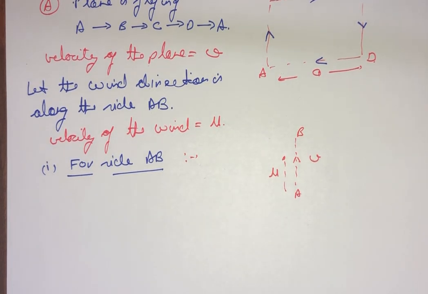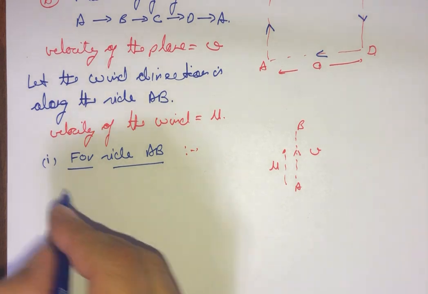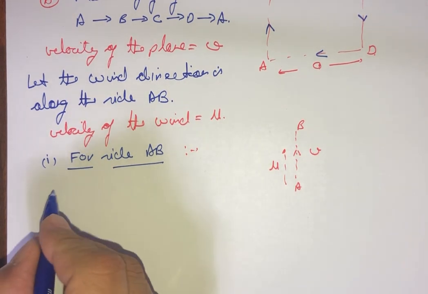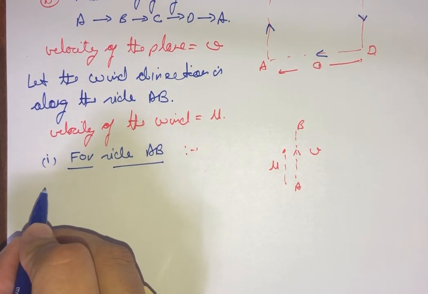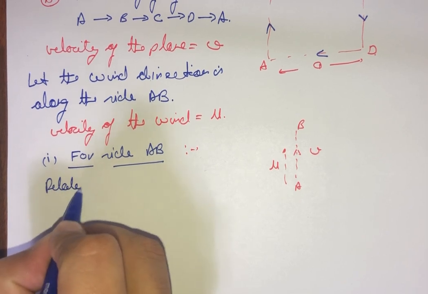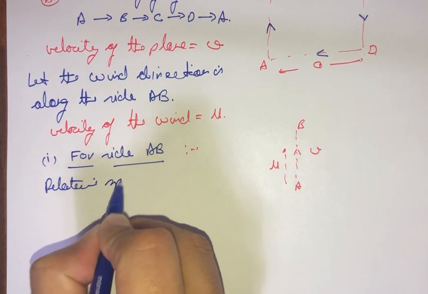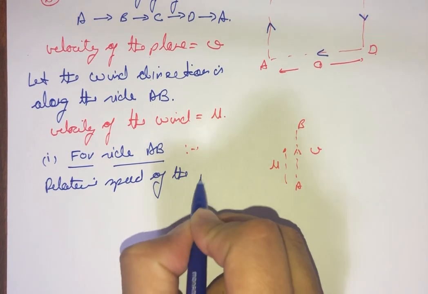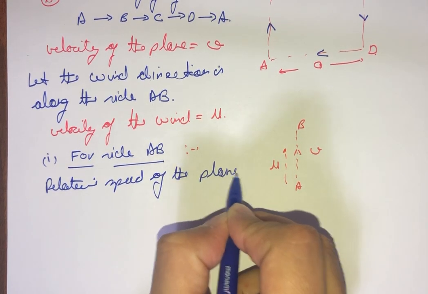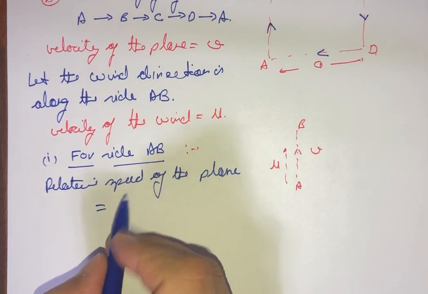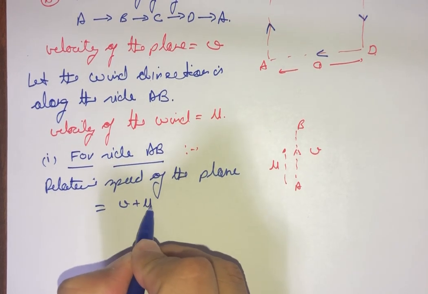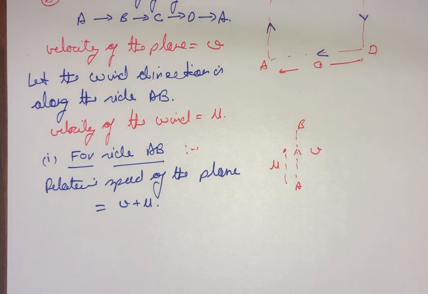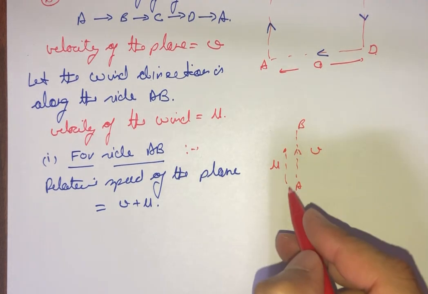So we can say the relative speed of the plane will be equal to V plus u, because both are flowing in the same direction.